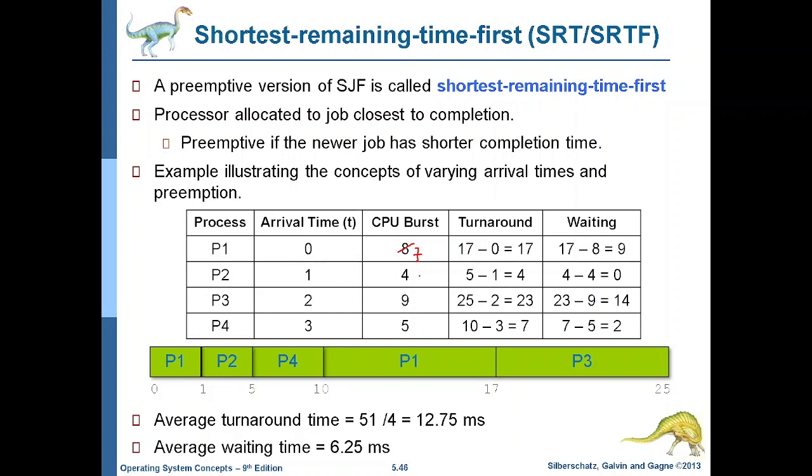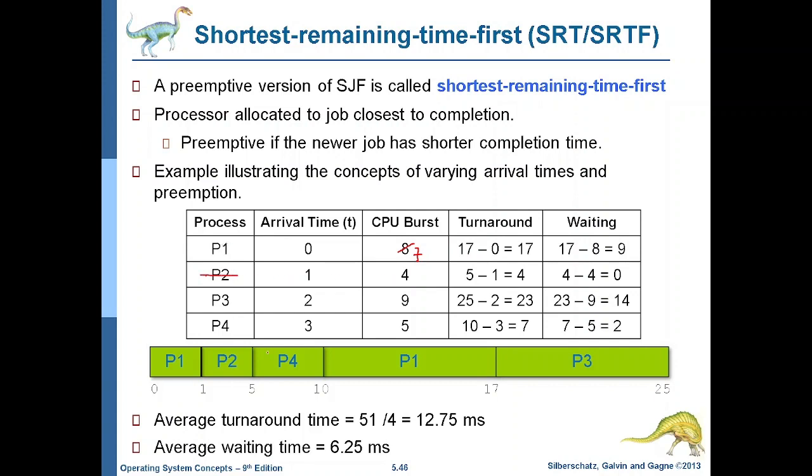So we are going to execute the process until it finishes, because it is the smallest. So P2 is executed from time 1 until 5. And after that, P2 is finished, right? So we will not look at P2 after that.